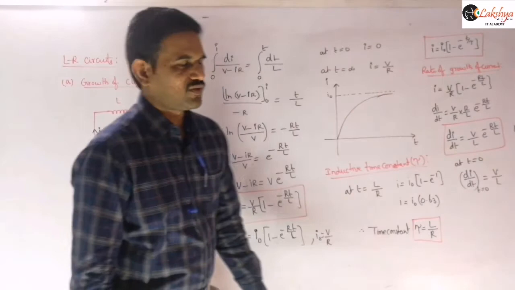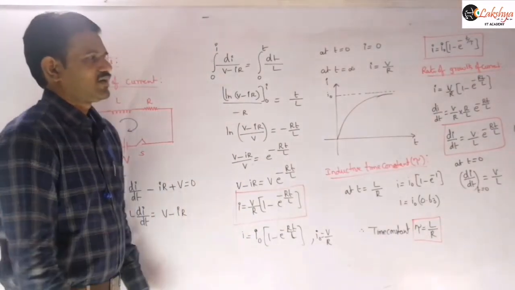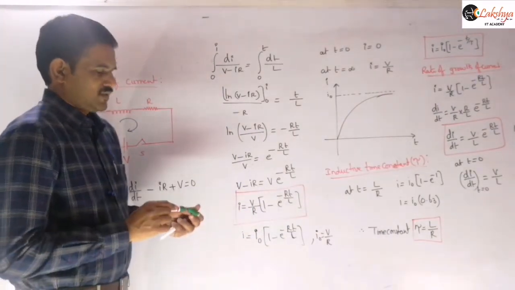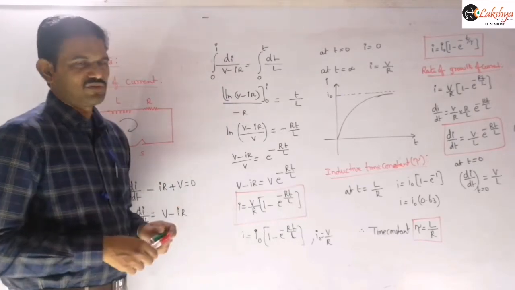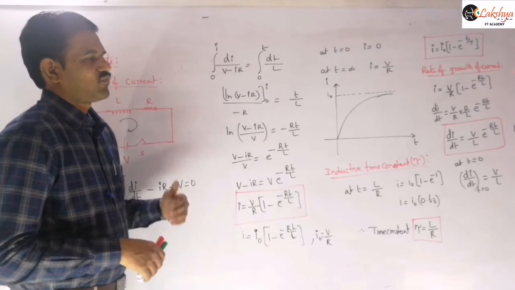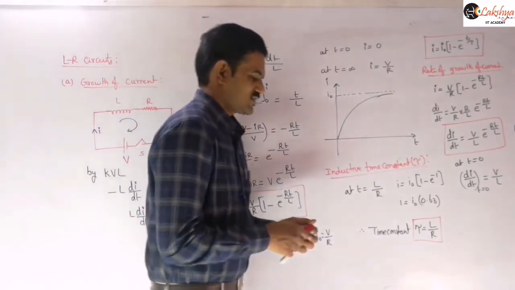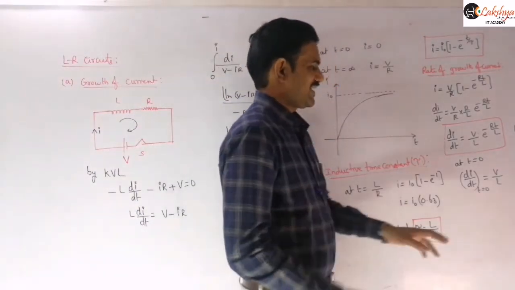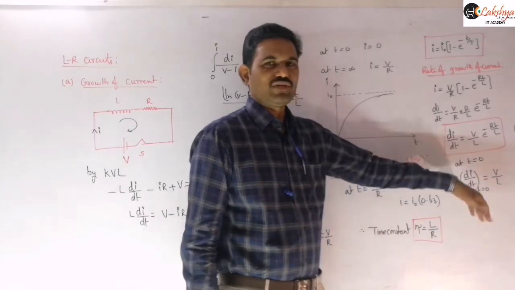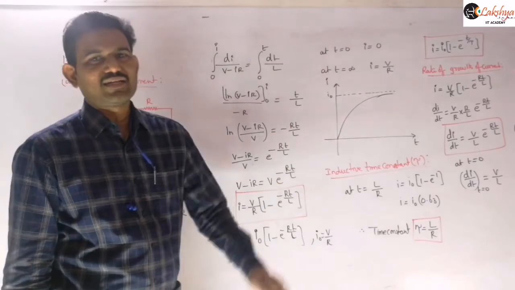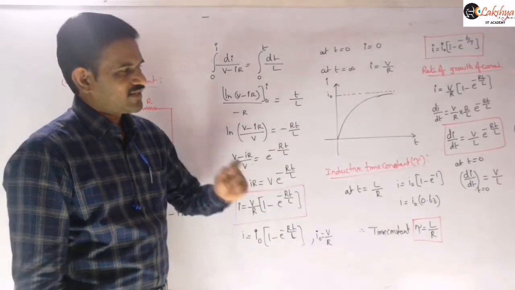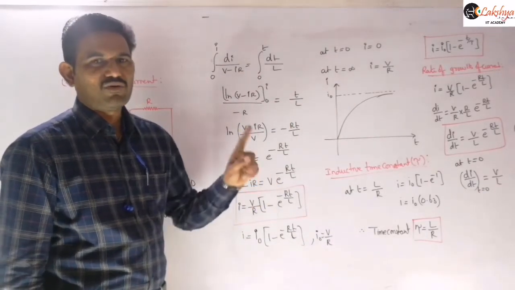So that is our rate of growth of current at t is equal to 0. And now if this current is increasing at a rate which is equal to the initial rate, then it will reach the maximum value in a time of one time constant.